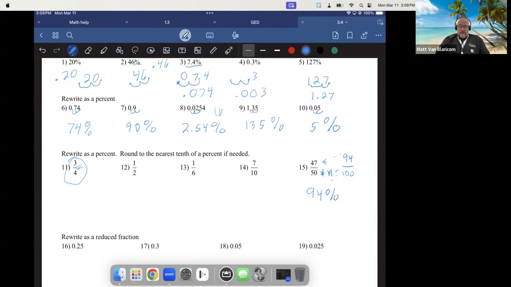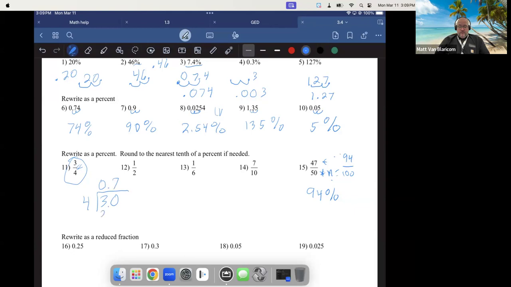Another way of doing it is to do the division. So we have 3 inside the house divided by 4. 4 will go into 3 0 times, put a decimal. And when I do, I can add a 0. 4 will go into 32. Let's see here. 4 times 7 is 28.